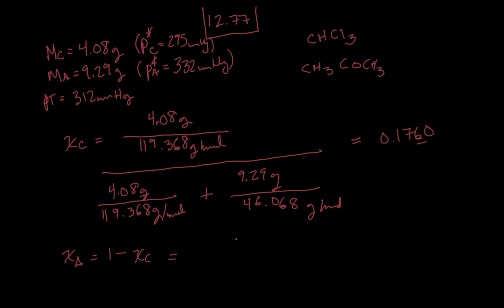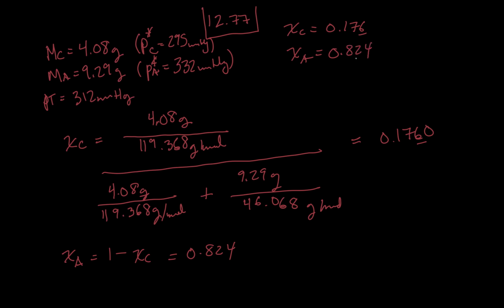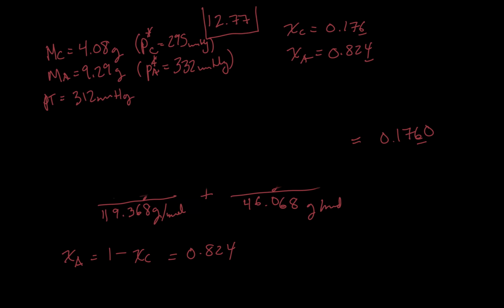So 1 minus 0.176 gives us 0.824. These are both important values, so I'm going to write them up here and make myself some room: 0.176 for chloroform, and 0.824 for acetone. We're confident down to there.